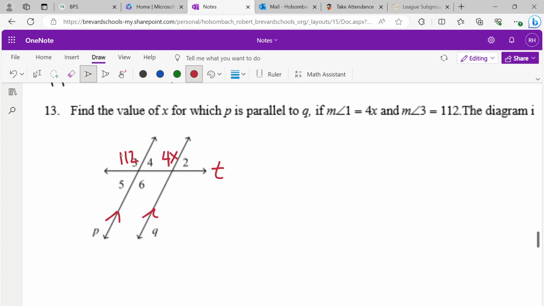Those two angles are corresponding angles, so they're congruent to each other. So 112 equals 4x. Divide both sides by 4. And 28 is equal to x. And we're done.